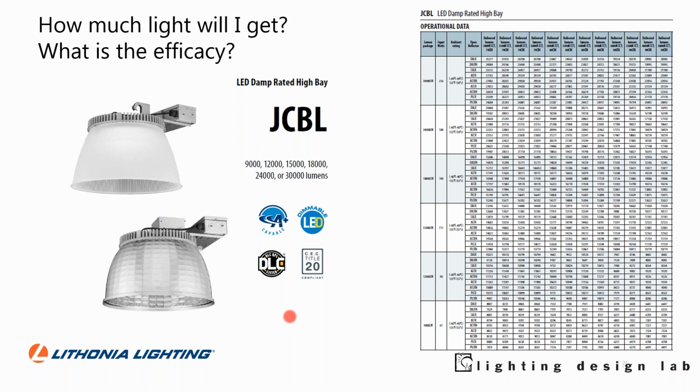We use the Kelvin scale to talk about the color. 3,000 kelvins might be considered a warmer, yellow or pink light, and then we get up into 4,000 to even 5,000 kelvins, and that's bluish, whitish light. So that's CCT, correlated color temperature.